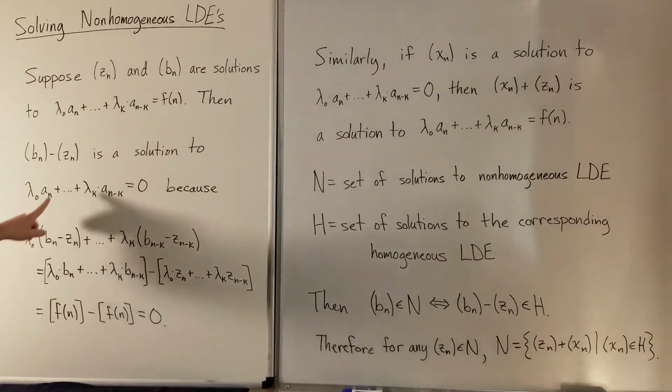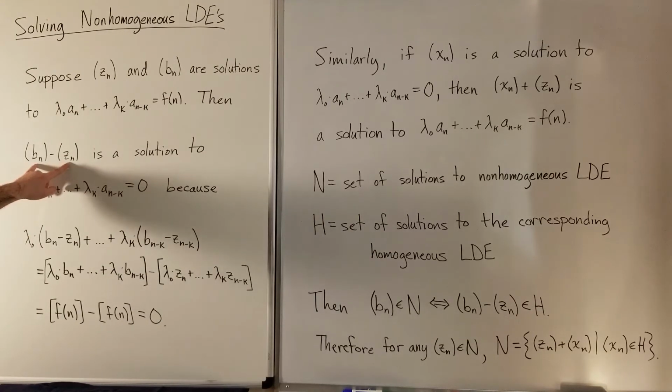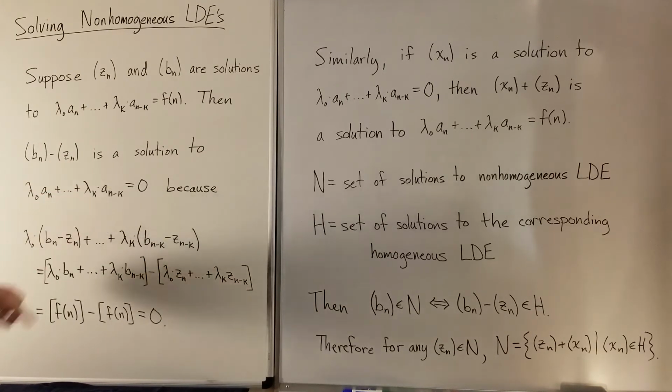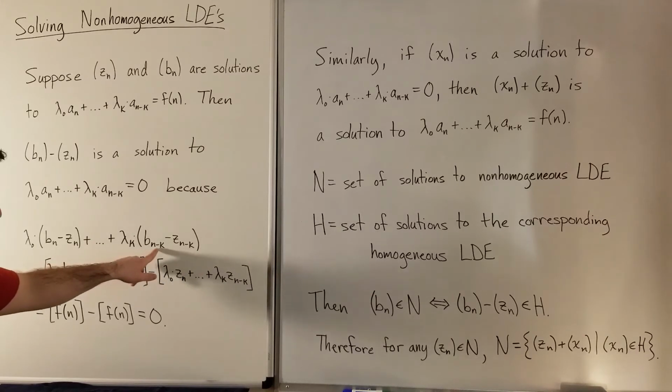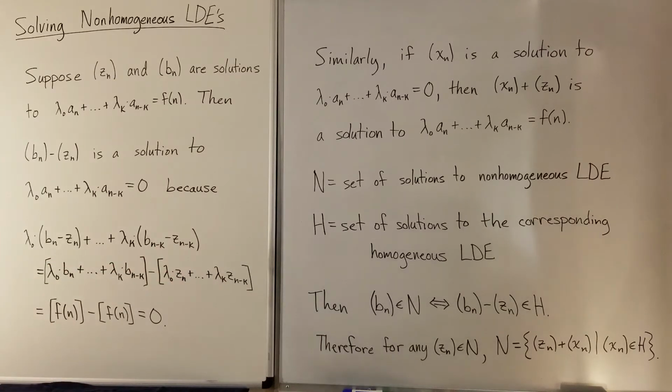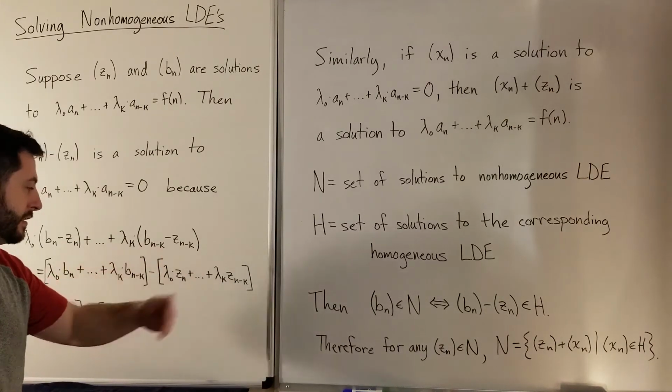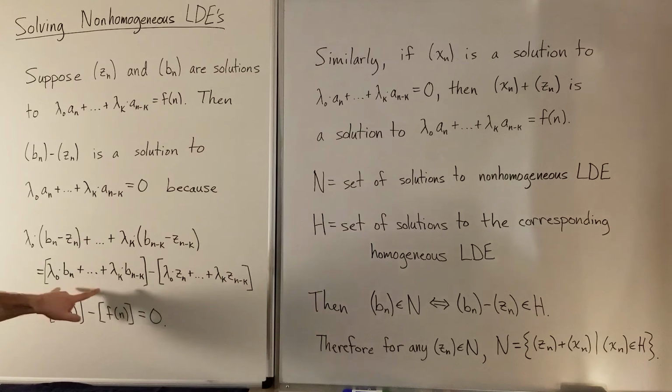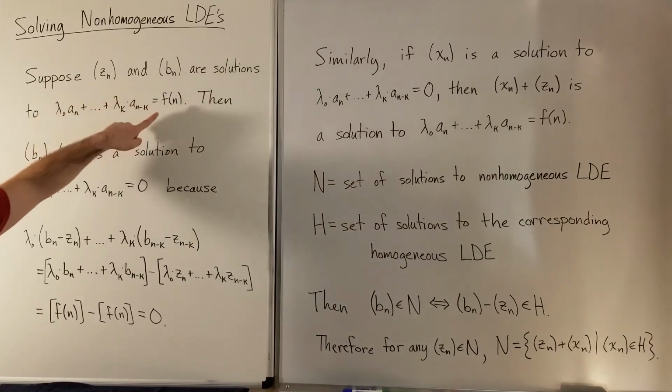All right? So the reason why this difference must be a solution to the homogeneous case is because if I plug in the difference, so bn minus zn is the nth term, all the way up through b(n-k) minus z(n-k) is the (n minus k)th term, then I can distribute the lambdas in, and then group all the b_i's to the left, all the z_i's to the right, and the first bracket here must be equal to f of n, because bn is a solution.